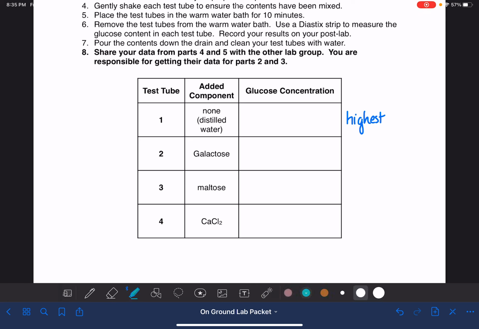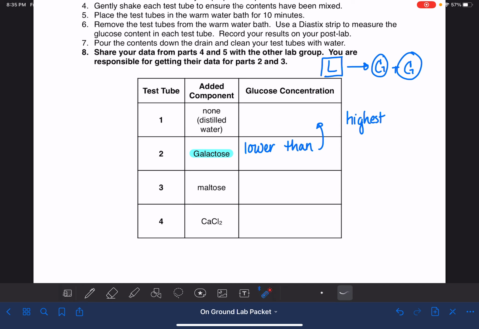Now, if they are inhibitors, so let's say galactose is an inhibitor, what we would see here is some number that is lower than our control. Remember, again, the reaction that we're looking at is the lactose disaccharide being converted into 2 glucose monosaccharides by the help of this enzyme.